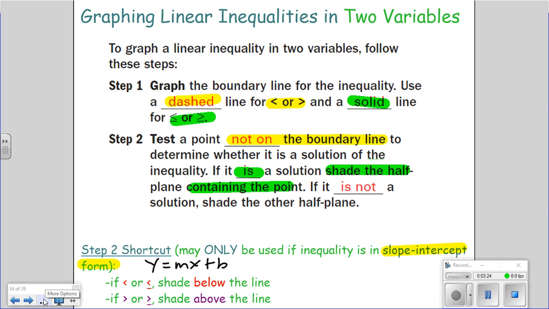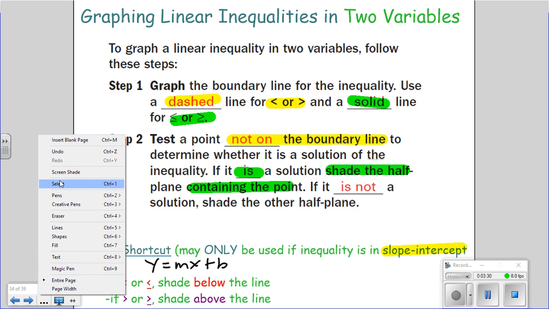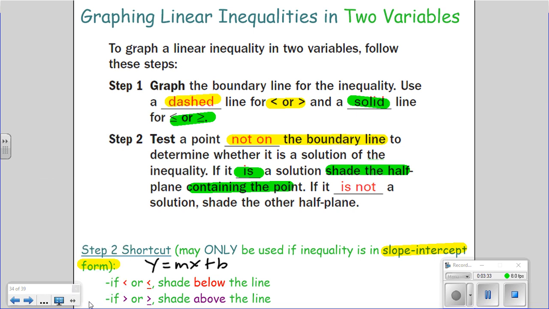If it's written in this format, then you can use the shortcut, and only then. So basically what it says is, if less than or equal to, shade below. If greater than or equal to, shade above. So if it's less than, below. If it's greater than, above.